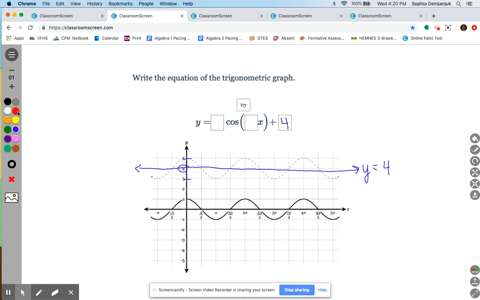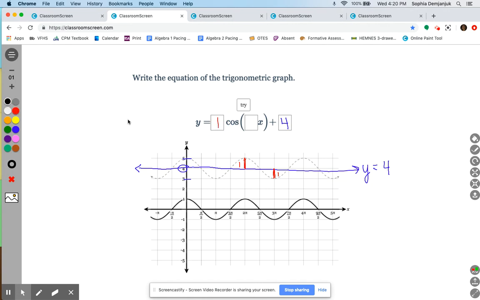Then we can look for our amplitude. We're going to go from the midline to either the highest peak or from the midline to the lowest point. And we can see that that took from 4 to 5 or from 4 to 3, still only 1 unit. So I can put a 1 out in front.